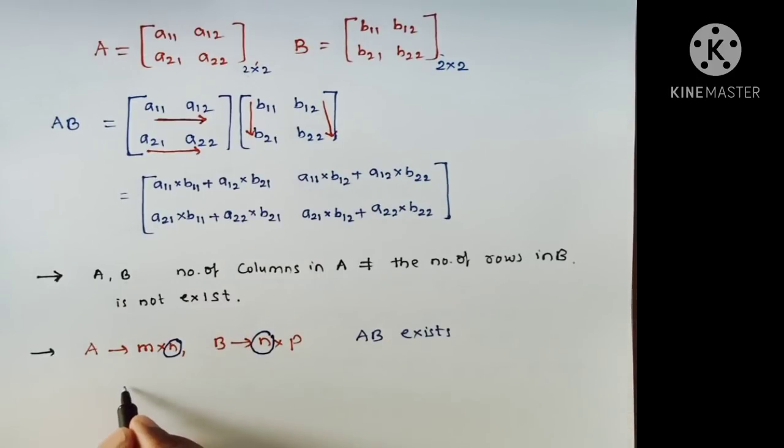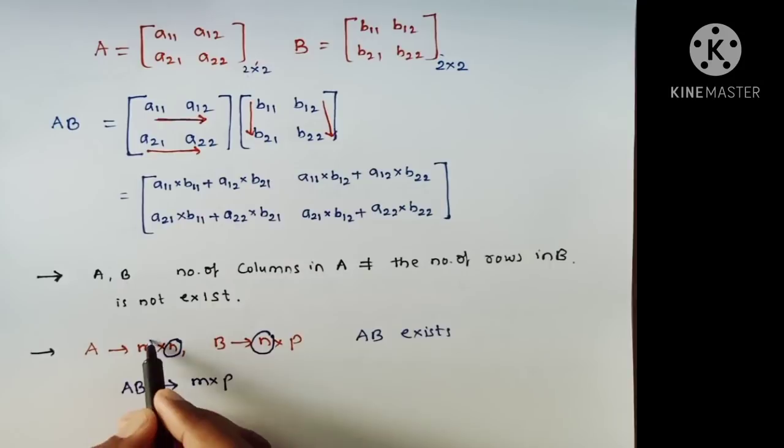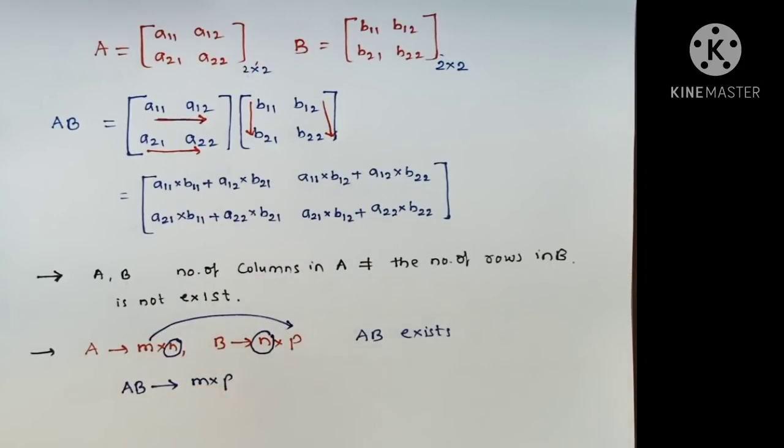Therefore AB exists, and the resultant matrix AB is of order m by p. So this is the order.